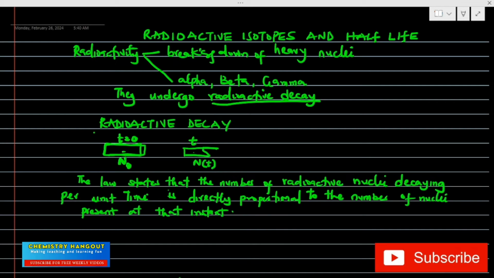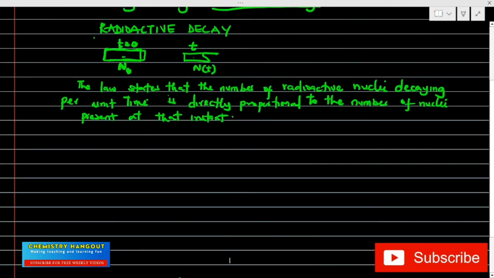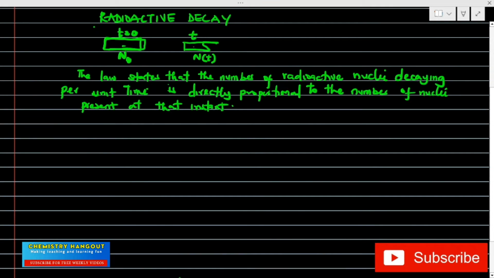What am I trying to say here? The law is saying mathematically, I'll take my time to explain, just pay maximum attention, that dN over dt is directly proportional to N. What do I mean by dN over dt?